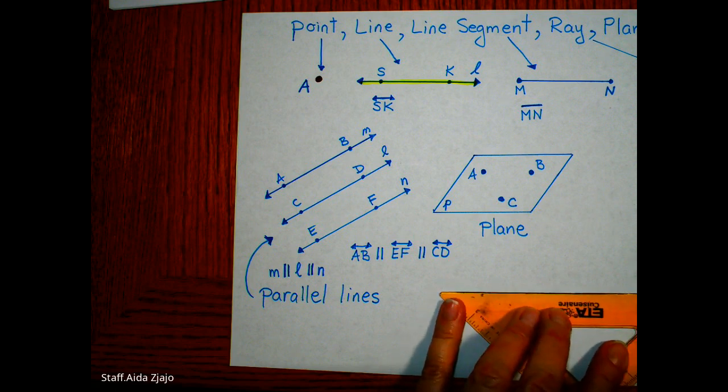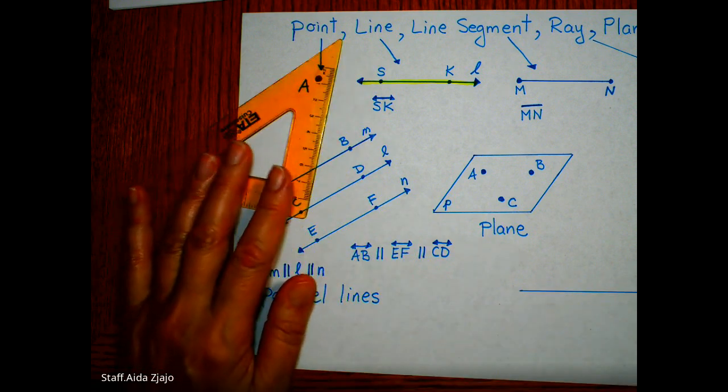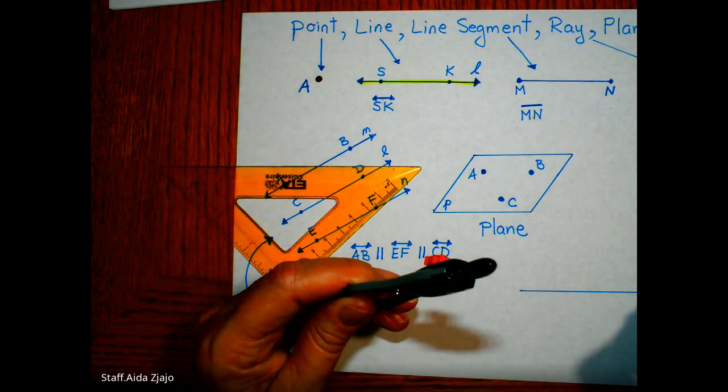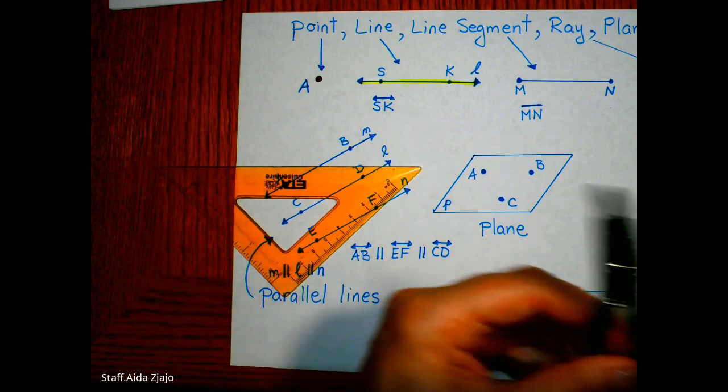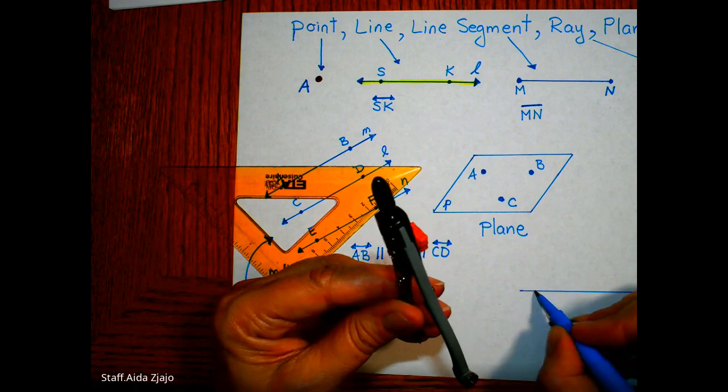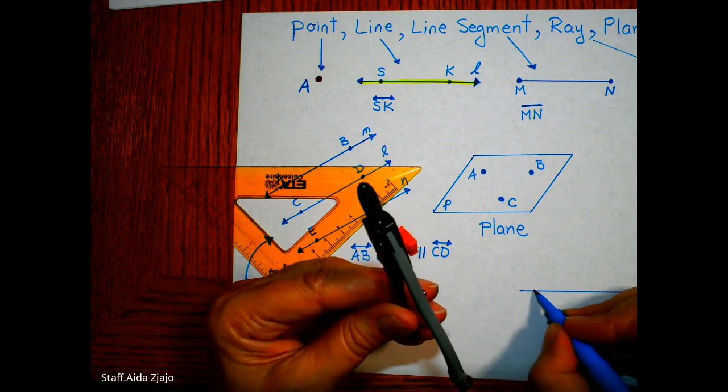So I can draw the line right there. And then I can make two points on it, one point here, one point there.